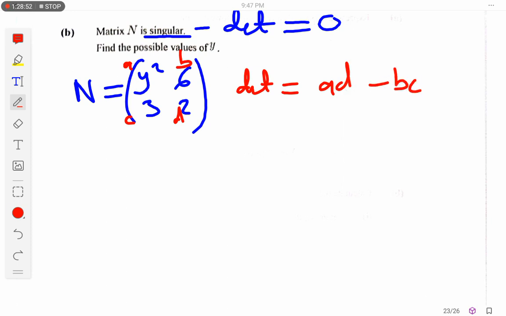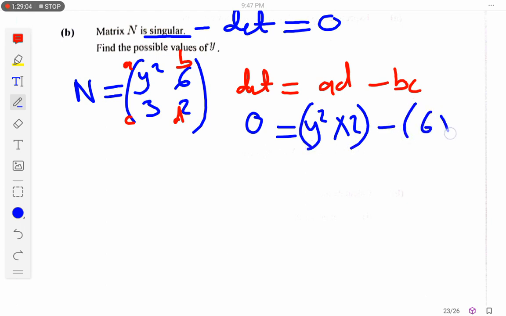So the determinant 0 is equal to A times D, that's y squared times 2, minus B times C, that's 6 times 3. So our 0 is equal to 2y squared minus 18.